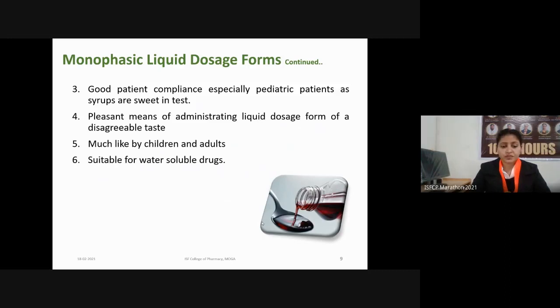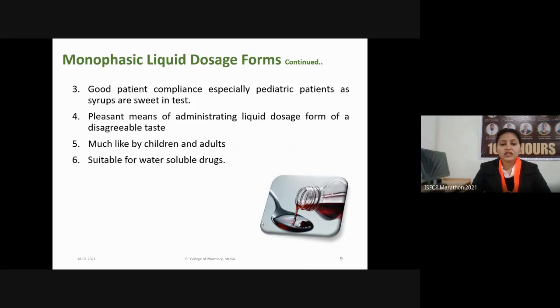The next advantage is that they are much liked by adults and children. As I already told you before, because of their sweet taste, and sometimes we add flavoring agents in the syrups, children and adults are very happy to take syrup as their medicament.